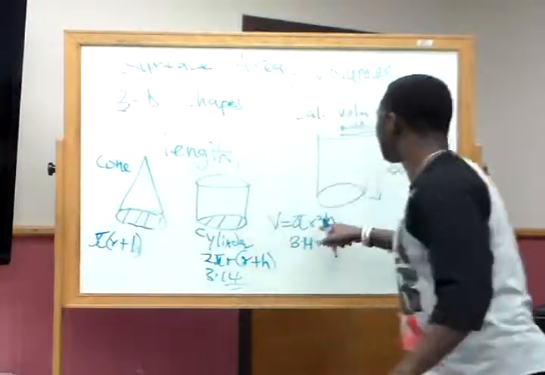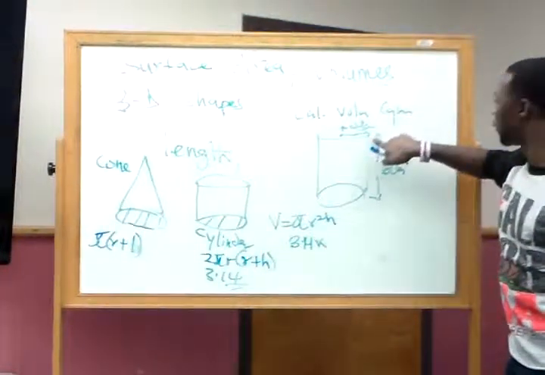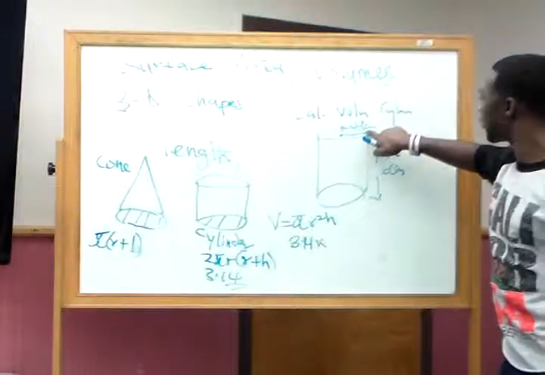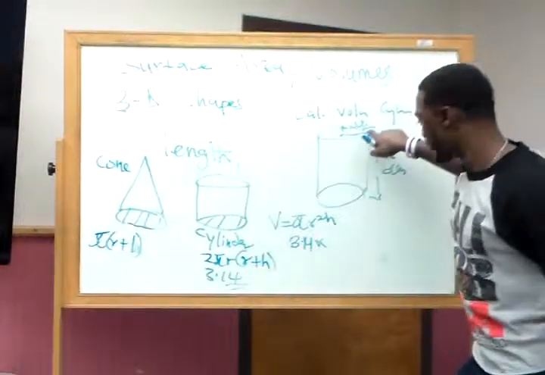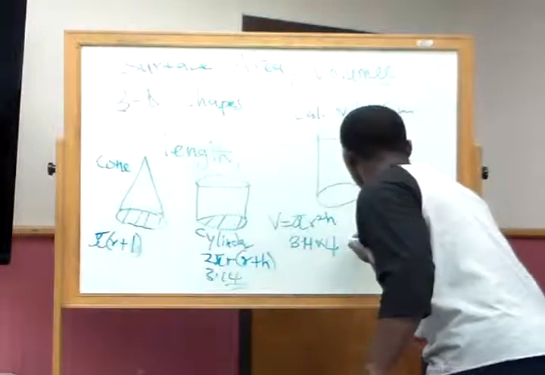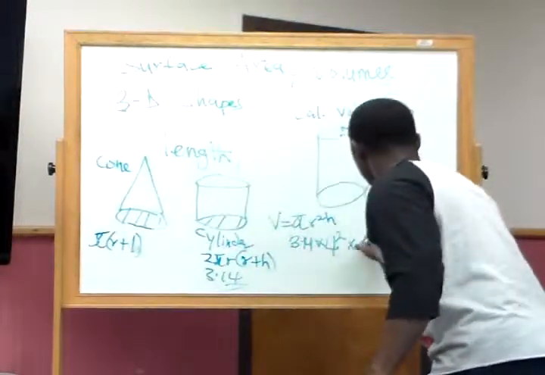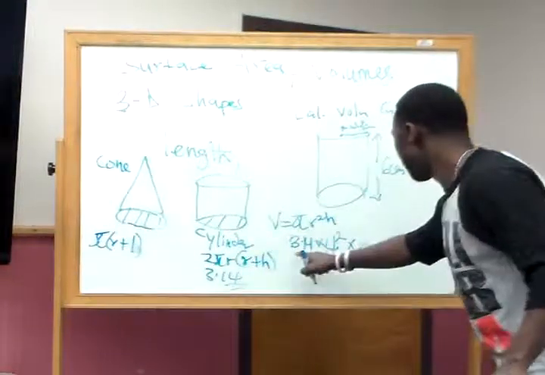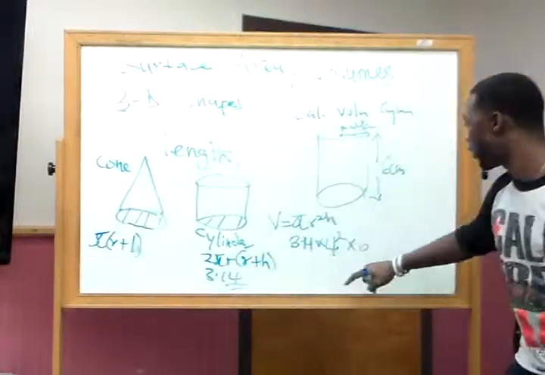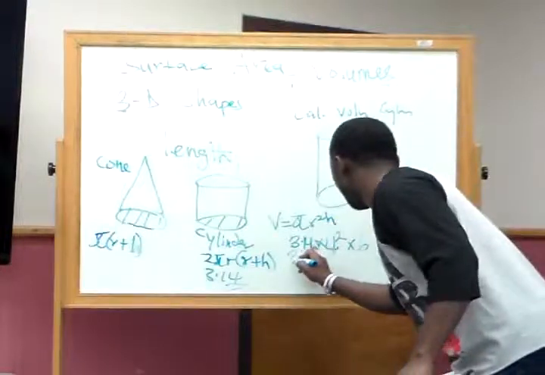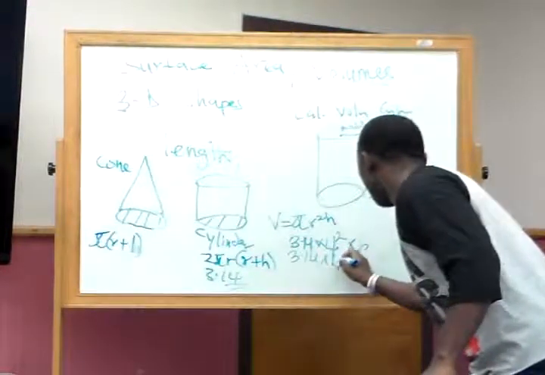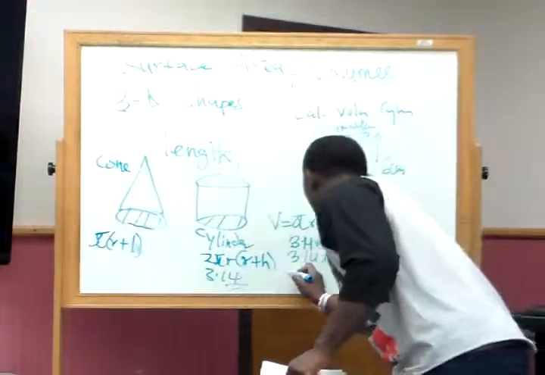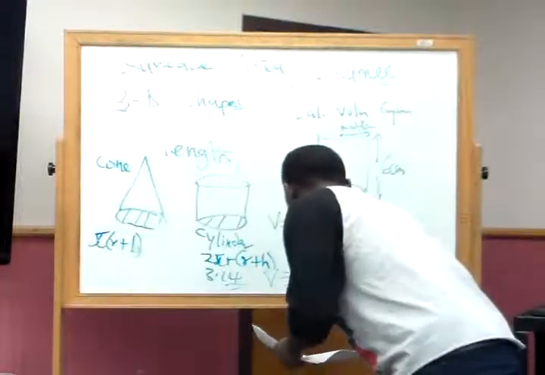Times the r, our radius, which is 4 centimeters, so times 4 squared times the h, our h is 6. Good job. So 3.14 times 4 squared, which gives you 16, times 6 will give you a total volume of what?